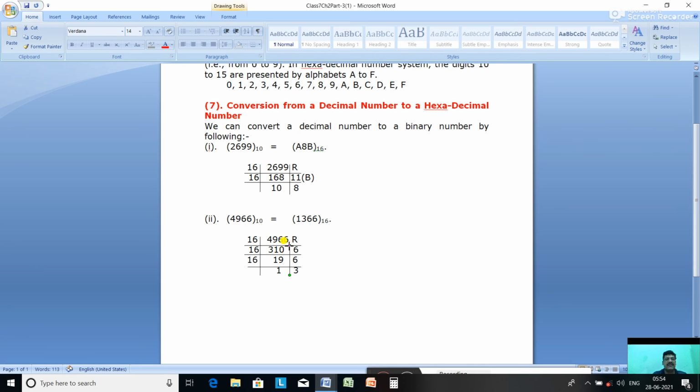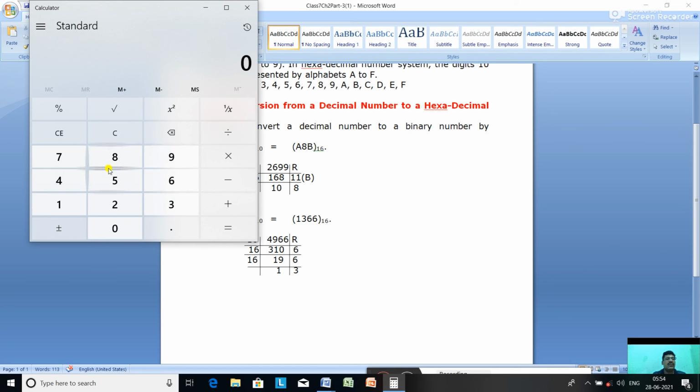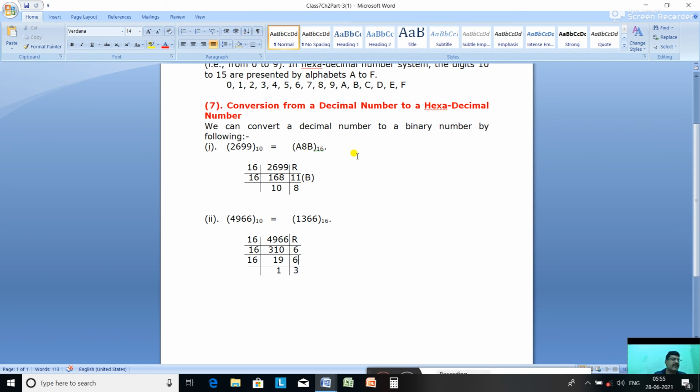How many times? 310 times. Just check it. 4966 divided by 16, 310 times.